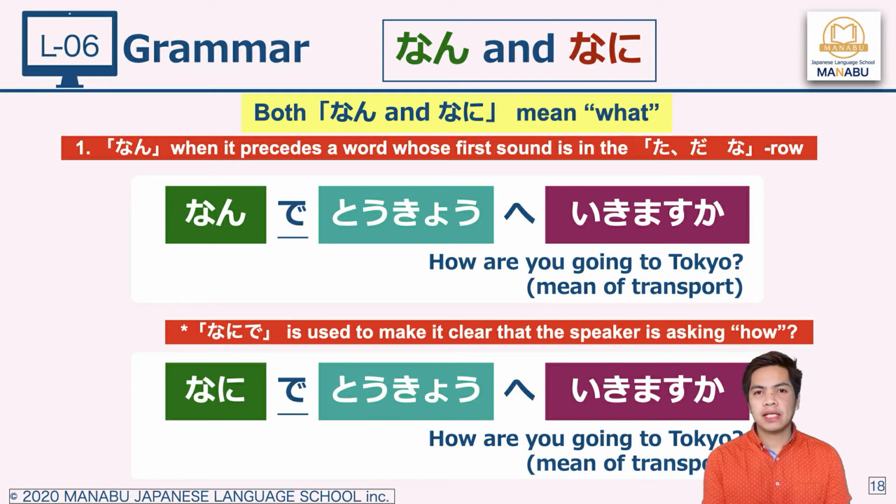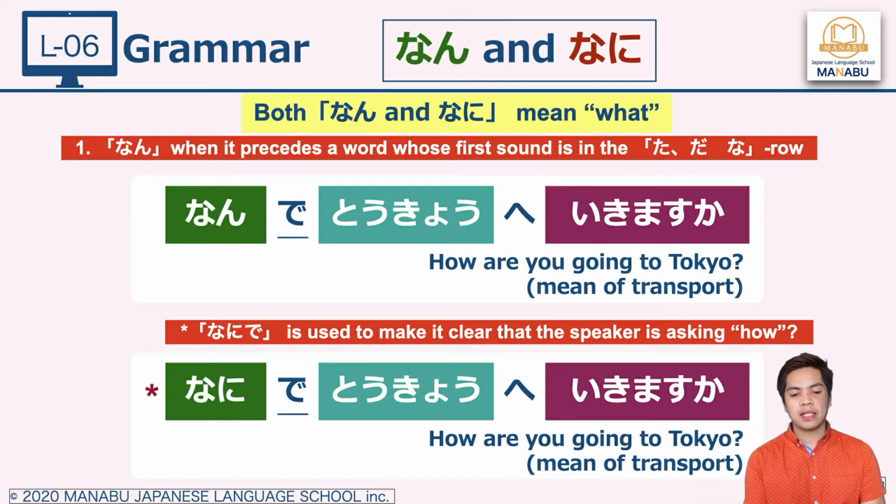In our previous lesson, lesson 5, the vehicle or the means of transportation when you go to a place is marked with the particle de. So the interrogative for the vehicle de is nande or nanide. Nani de is used to make it clear that the speaker is asking how. How are you going to Tokyo?